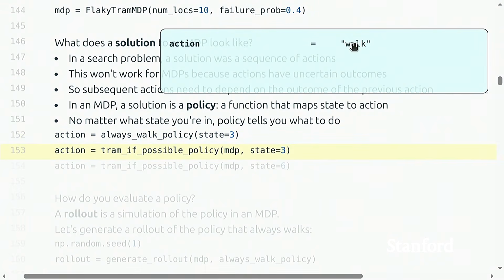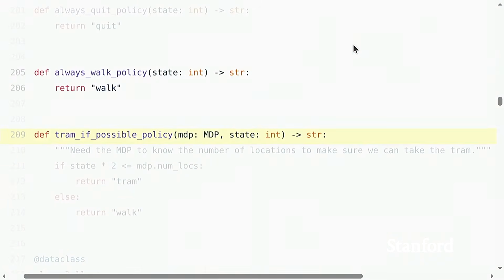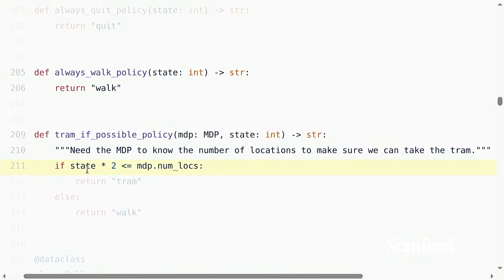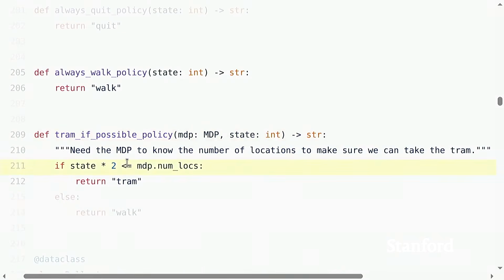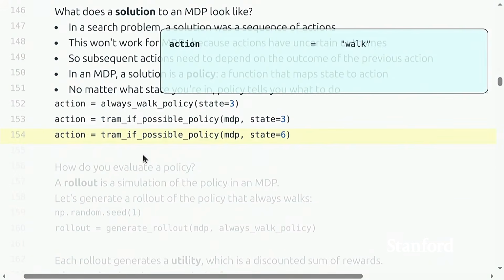This policy says, if I'm able to stay within bounds, then take the tram. So for state 3, I take the tram. But if I pass in state 6, then I have to walk, because 6 times 2 is greater than the number of locations. So those are two policies, and there are potentially other policies you can imagine.